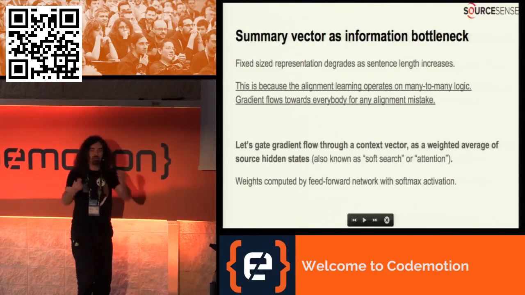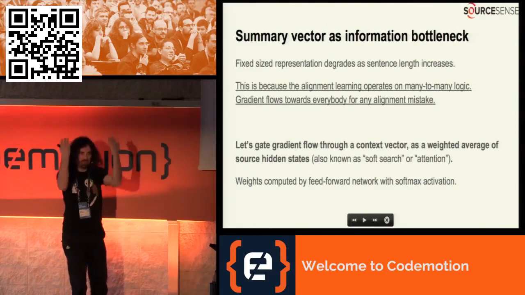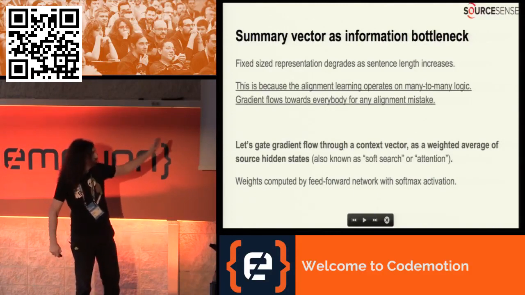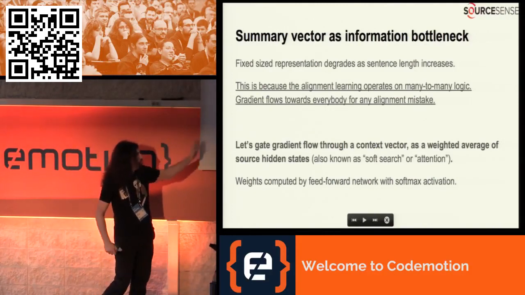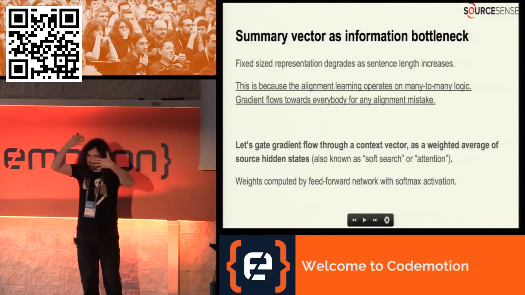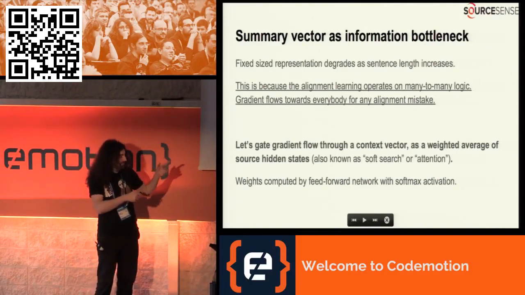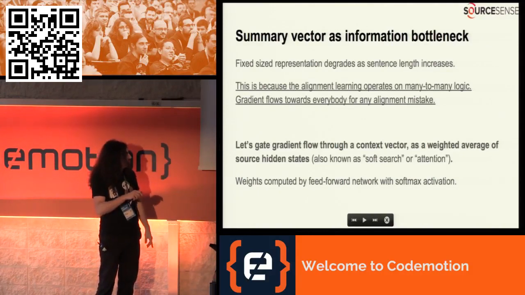We can put some gates, like dams in water management. We put some dams that gate the gradient flow backward through a context vector, which is like a mask of windows that open and close. It basically constitutes a weighted average of the source states. This is called soft search, also called the attention model.